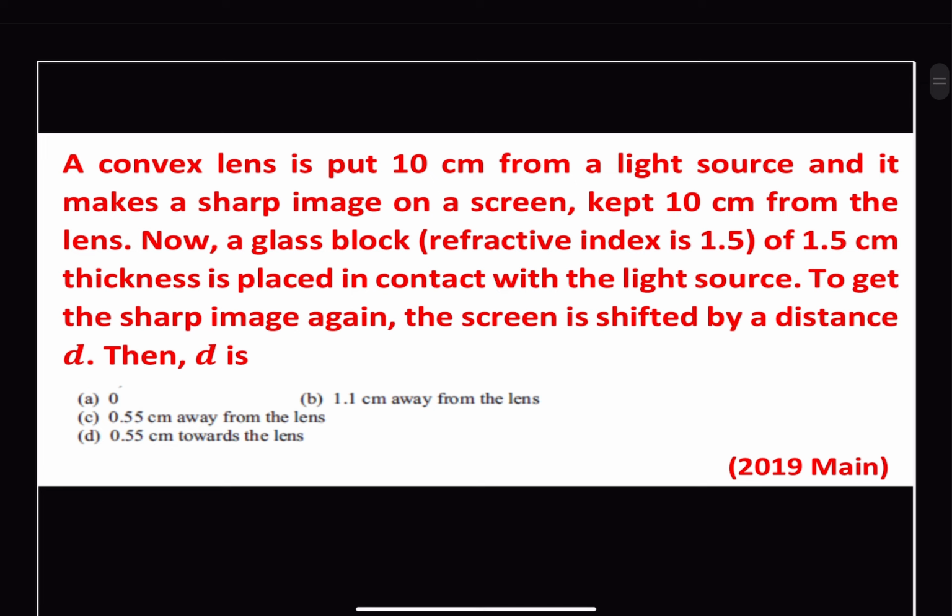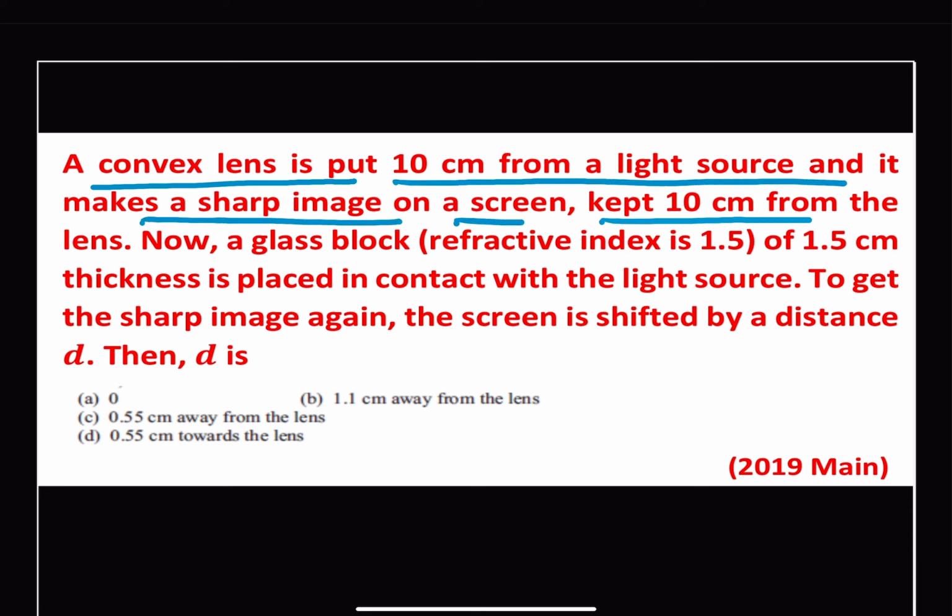Here it is given that a convex lens is put 10 centimeter from a light source and it makes a sharp image on the screen, kept 10 centimeter from the lens. Now a glass block, refractive index 1.5, of 1.5 centimeter thickness is placed in contact with the light source.